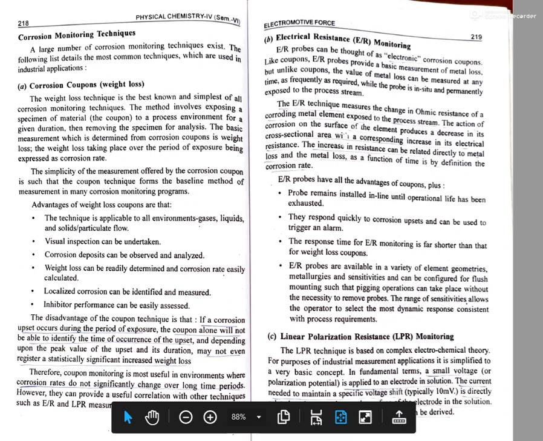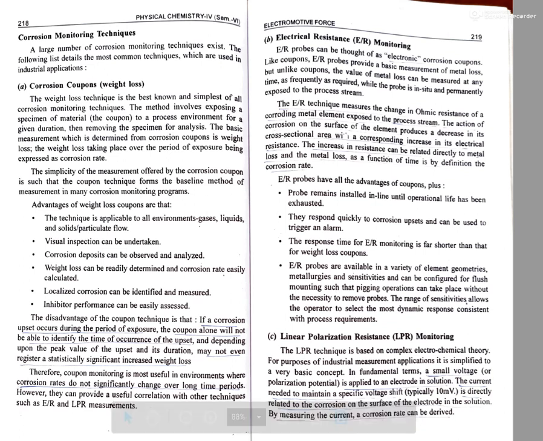So if you want to maintain this specific voltage shift, then this is directly related to the corrosion process, and by measuring the current produced, the rate of corrosion can be derived from this technique.